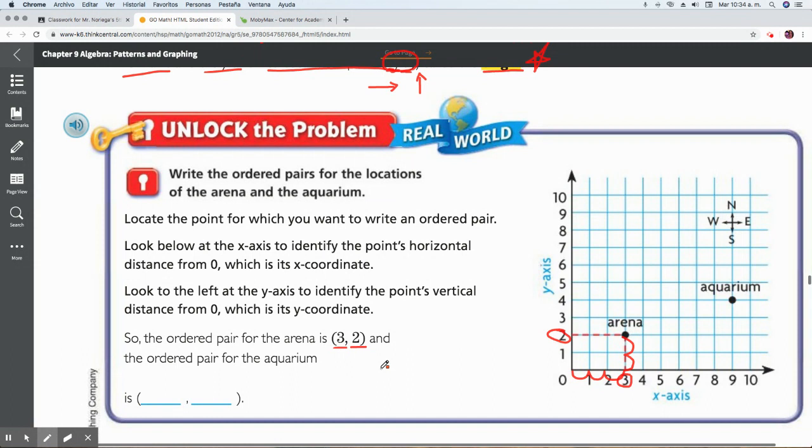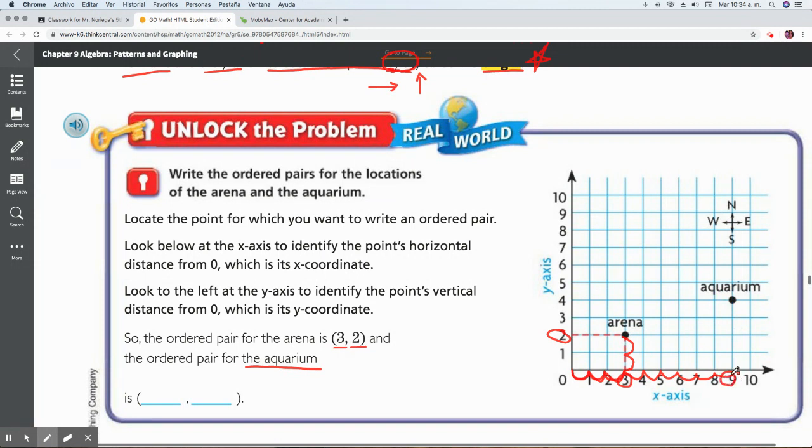Now the aquarium. We don't know what the ordered pair for the aquarium is. To find the first number, we need to start from 0 and count all the way to where the aquarium is on the x-axis, which is this line on the bottom going to the right. So we start counting 1, 2, 3, 4, 5, 6, 7, 8, 9. I stop at 9 because I know that the dot for the aquarium is on this line right here.